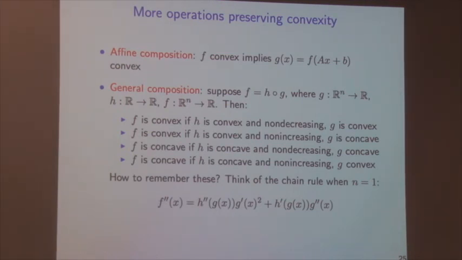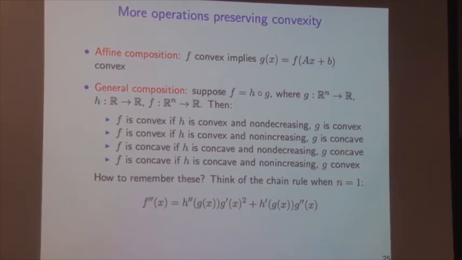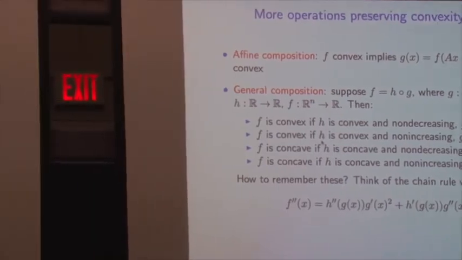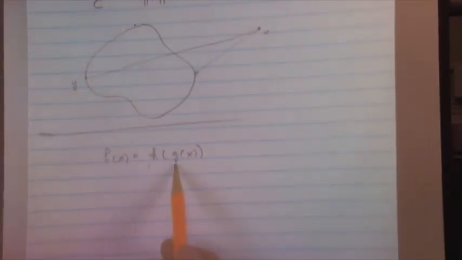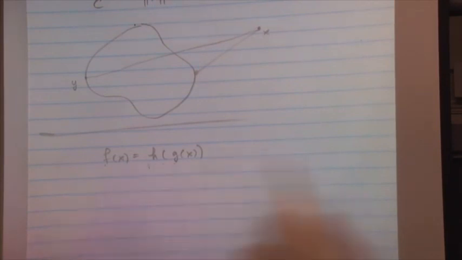If that's the case, then f is convex. Another one is that if h is convex, and g is concave, and h is non-increasing, so it means that it's decreasing, maybe not strictly so, then f is convex, which you could have guessed, right? Because I can consider that the same case as the first one, just with taking minus g instead of g.